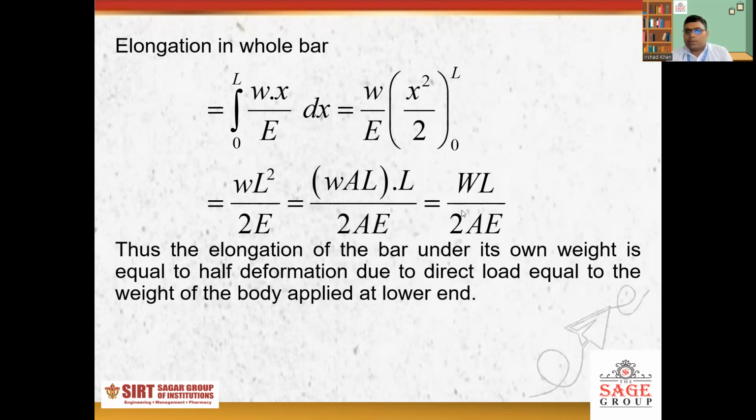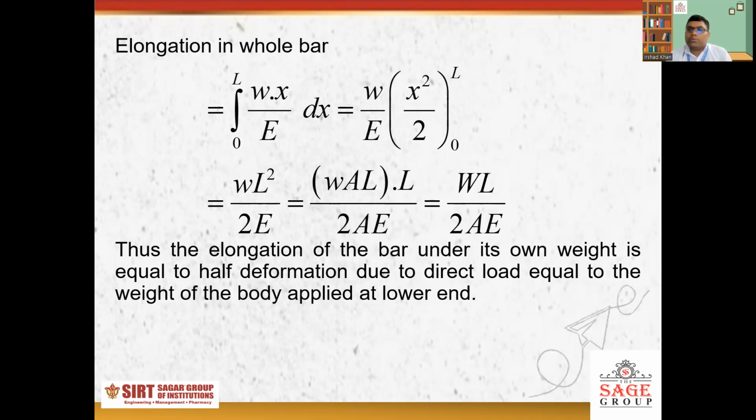We can conclude from here that the elongation of a bar under its own weight is equal to half the elongation due to a direct load equal to the weight of the body applied at the lower end of the bar.